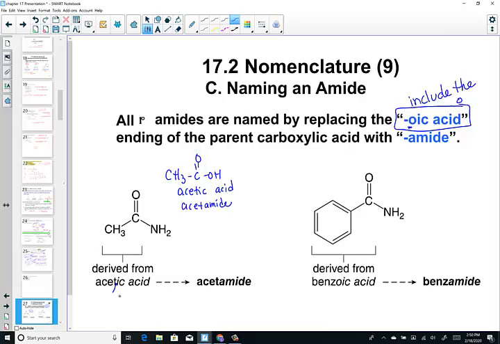Now notice here, a moment ago, we would have called this, with the aromatic ring and COOH right here, benzoic acid. But now we're taking the oic off and we get benzamide. So we're replacing the oic from the parent carboxylic acid and putting the term amide there to let you know there's a nitrogen linkage.